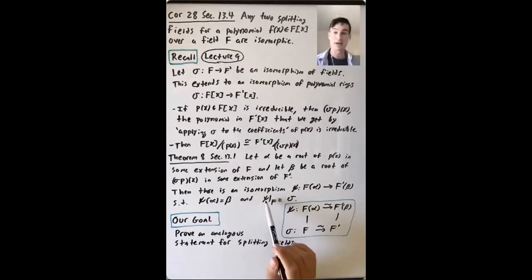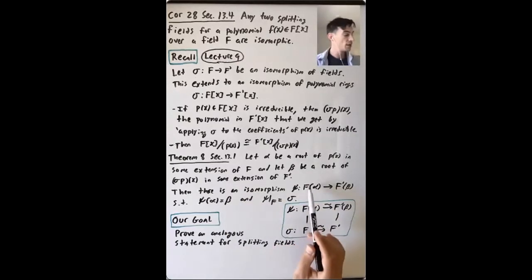And if you restrict this isomorphism to the copy of F inside of F adjoin alpha, you exactly get the isomorphism sigma from F to F' that started this whole thing.